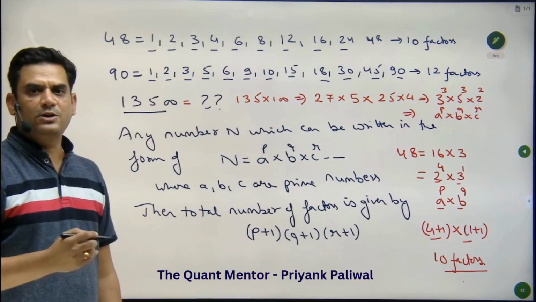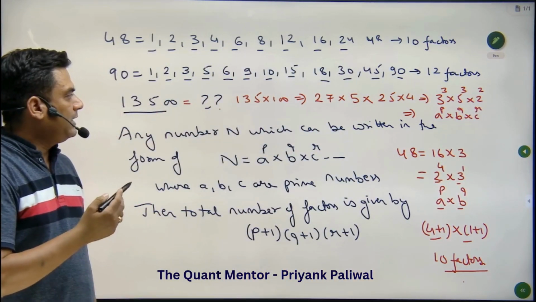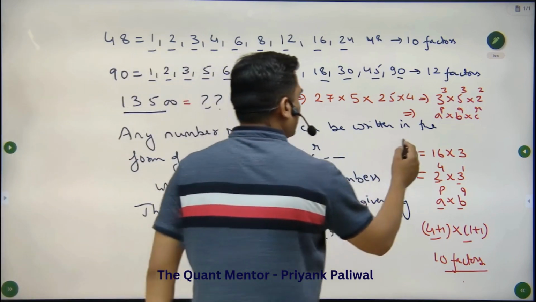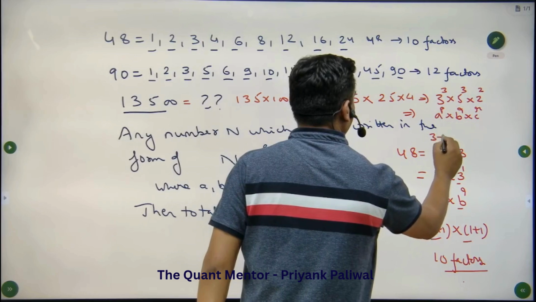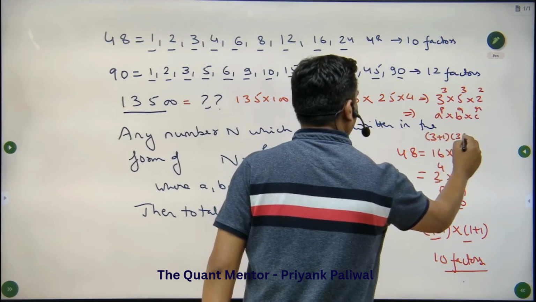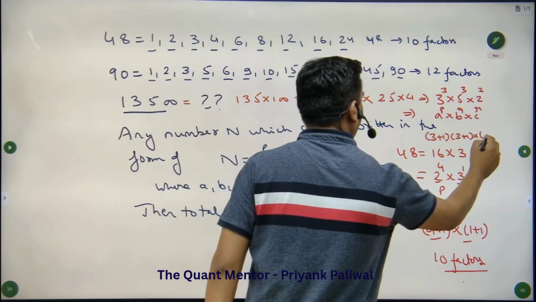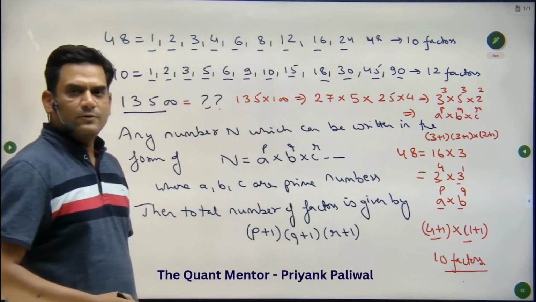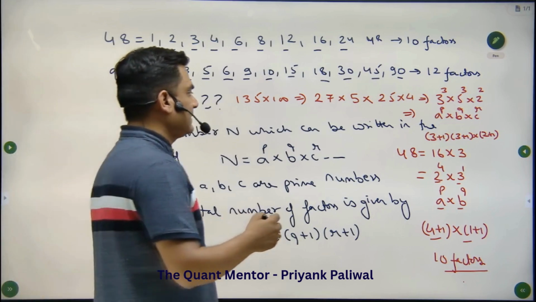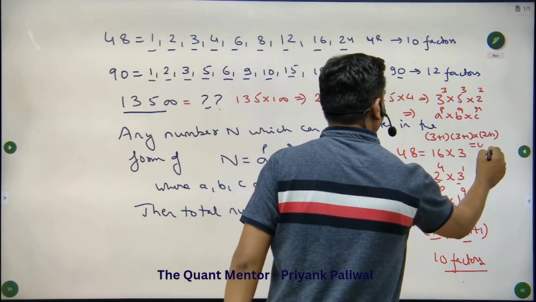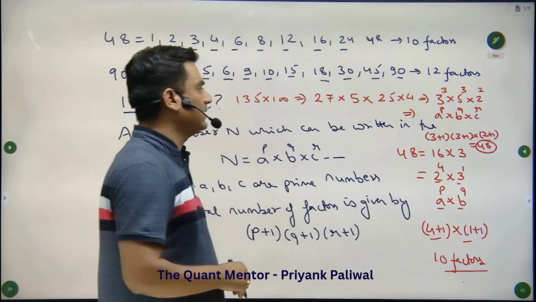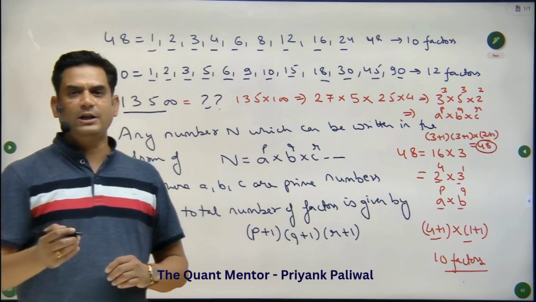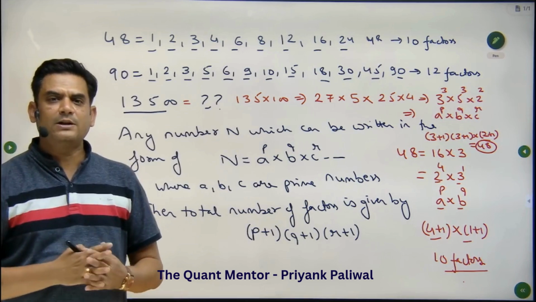So here p, q, r is what? 3, 3 and 2. So total number of factors is given by 3 plus 1 into 3 plus 1 into 2 plus 1. So 4 into 4, 16, 16 threes are 48. So how many factors does 13500 have? 48. This is how we calculate factors.